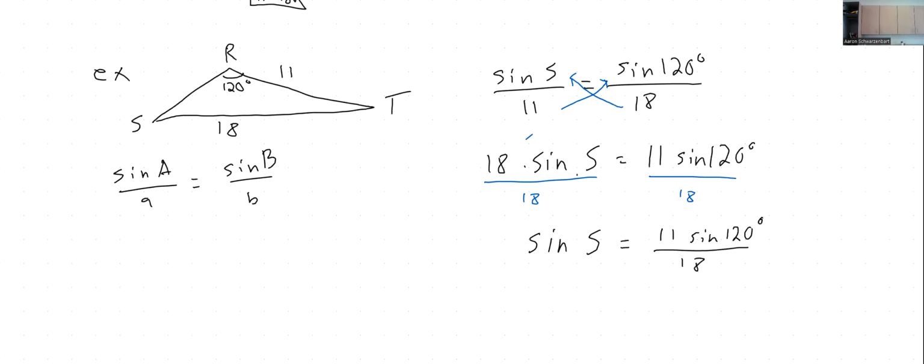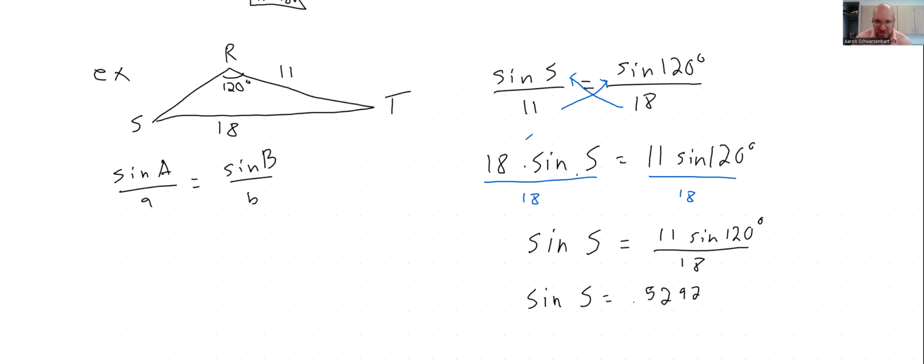I'm going to grab a calculator and do that. And I get 0.592. Anytime you have a sine or a cosine of an angle, you should get a decimal.